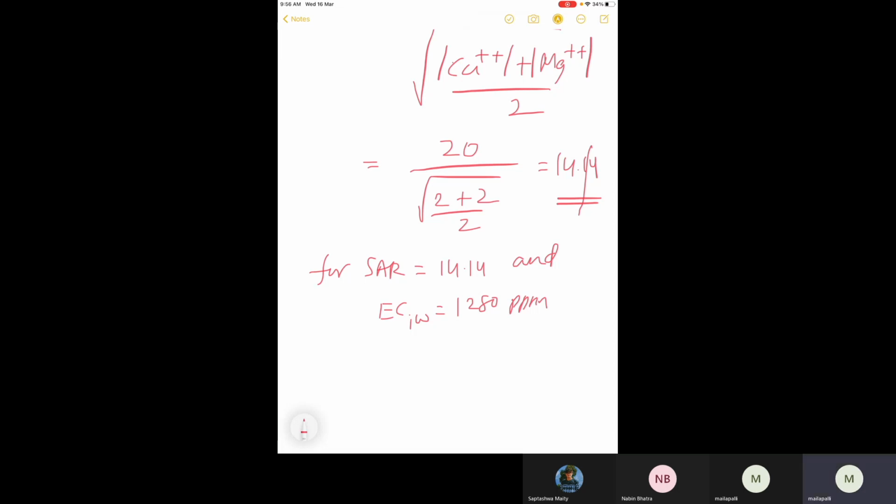Okay, so 1280 ppm. Then you have to go back to the table. From the table, 14.4, I'm looking at the table, that 12 to 20, and suppose the ECiw is greater than 2.9, you have 1280, so it is okay.